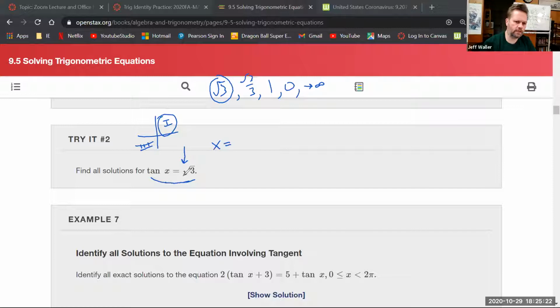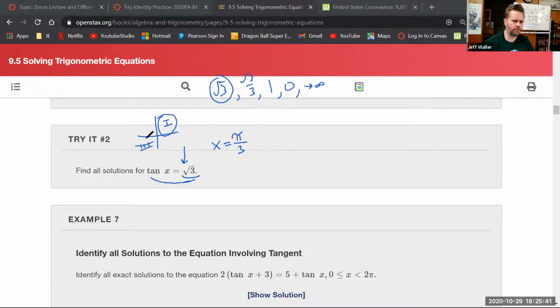So when is tangent equal to root 3? It's when sine is equal to root 3 over 2. And when is that true? Pi over 3. Yes, cool.